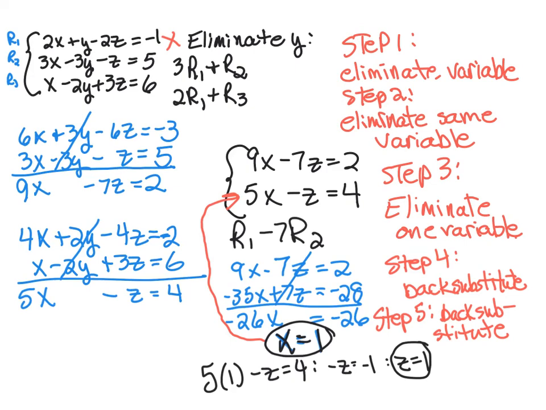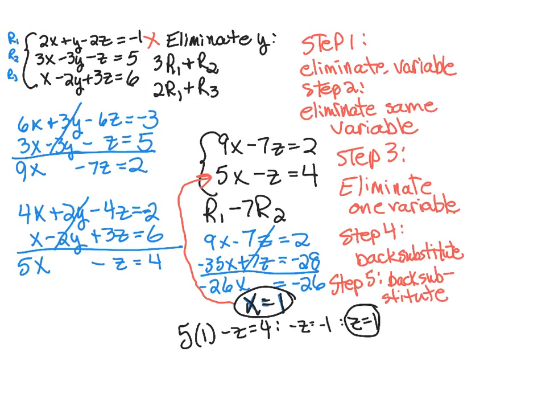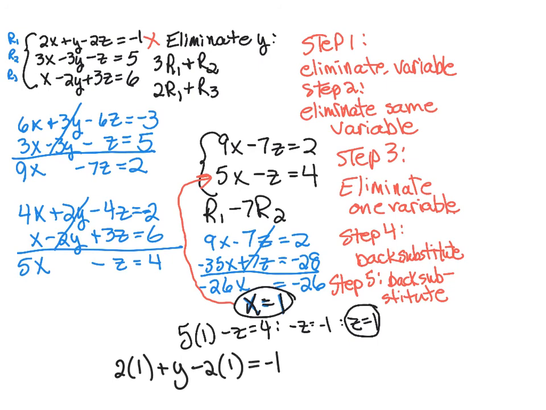Whoops. Sorry, guys. So 2 x's. Sorry again. 2 x's. X is 1 plus y minus 2, z is 1 equals -1. 2 minus 2 goes away, y equals -1.